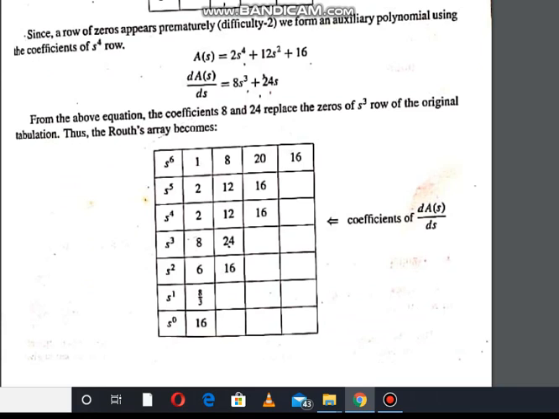To find the s to the power 1 row, we consider the previous two rows, 8, 6, 24, 16 divided by 6. We'll get 64 by 3 and the remaining values will be 0. To find the s to the power 0 row, first column, we consider the previous two rows, 6, 64 by 3, 16, 0 divided by 64 by 3. If we simplify, we'll get 16.